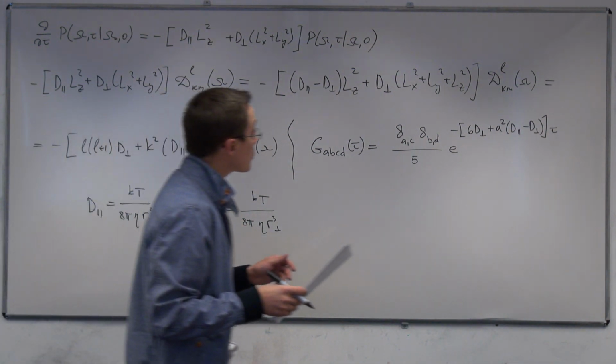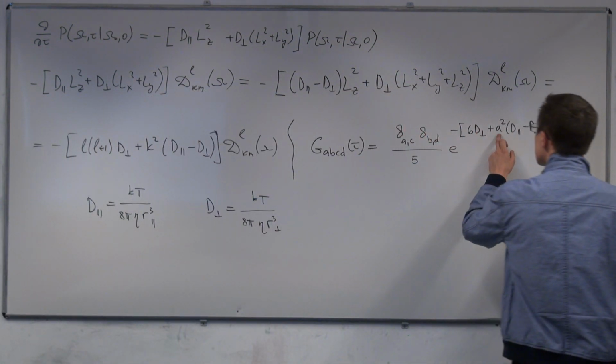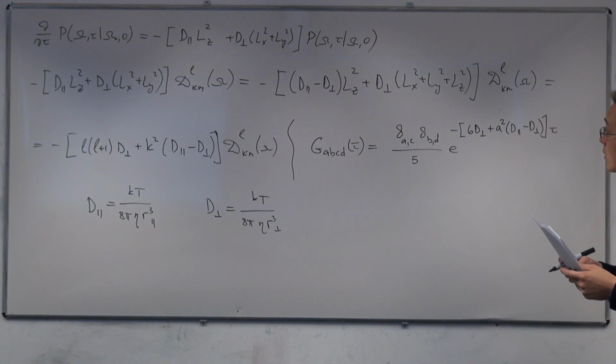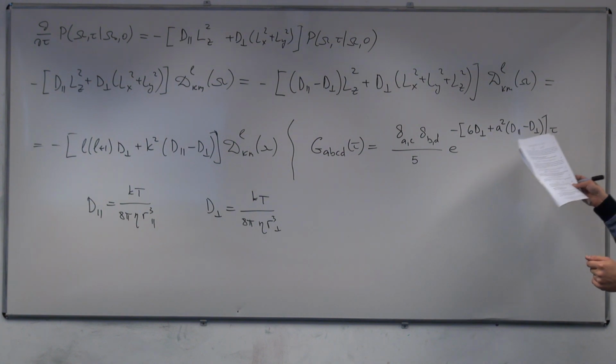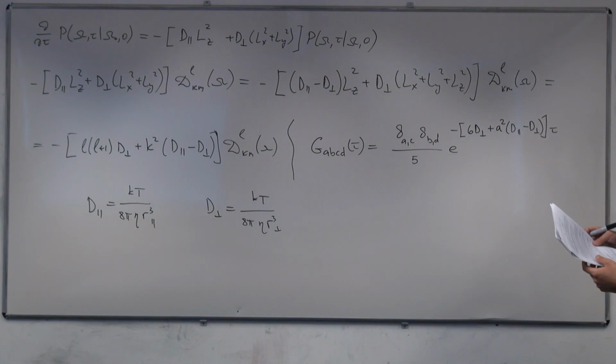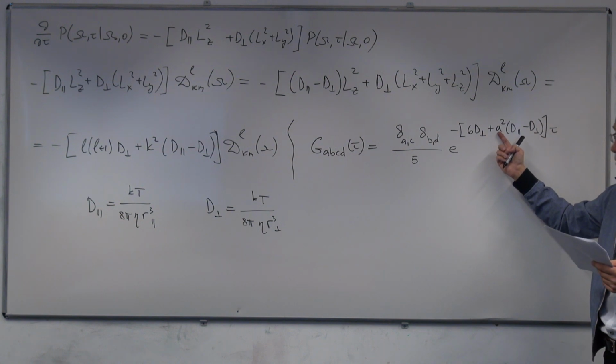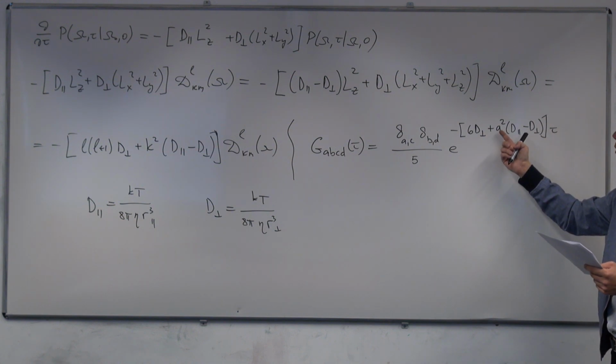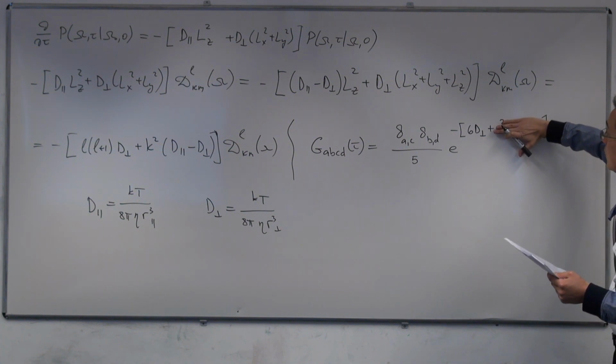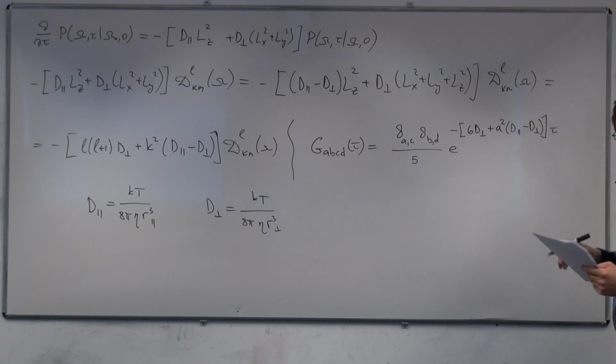Now, because we've got a squared in here, and a goes from -2 to 2, there are 3 distinct correlation times. So the one corresponding to a equals 2 or -2, another one corresponding to a equals plus or -1, and the third one simply corresponding to 1 over 6 D perpendicular.